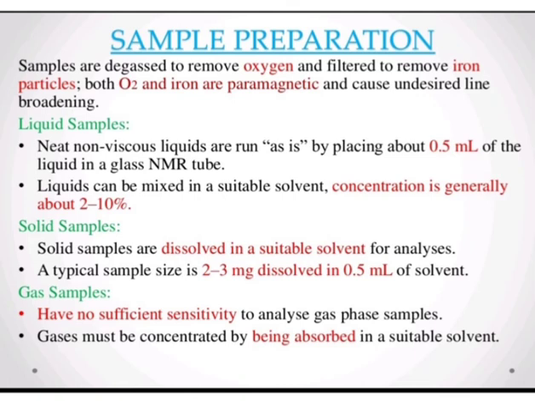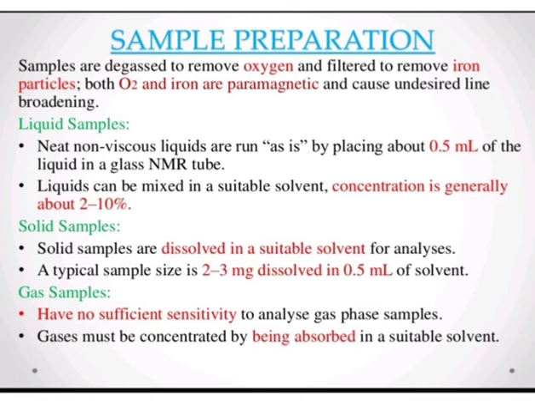Oxygen and iron are paramagnetic and cause undesired broadening, meaning peaks are not in the form of a line but will be in the form of a continuum. So to avoid that we have to initially degas, meaning there is a removal of oxygen and iron particles.